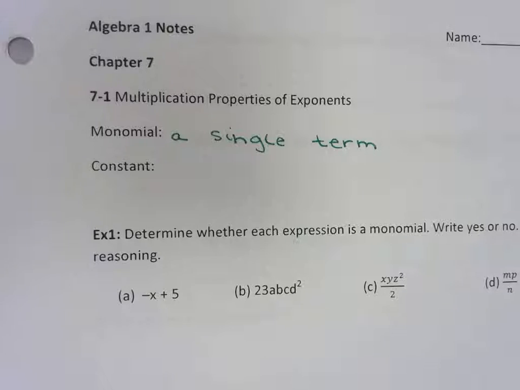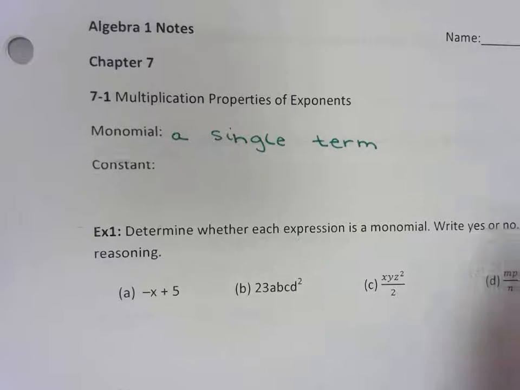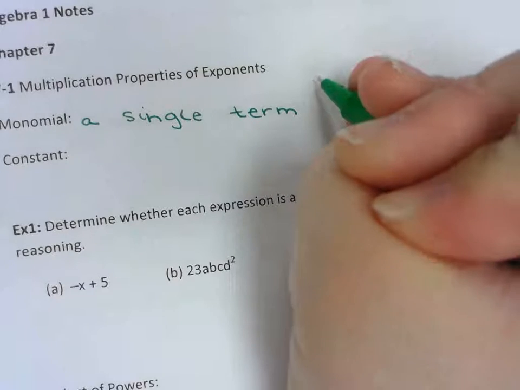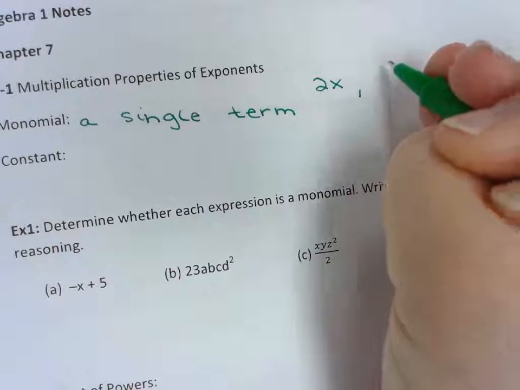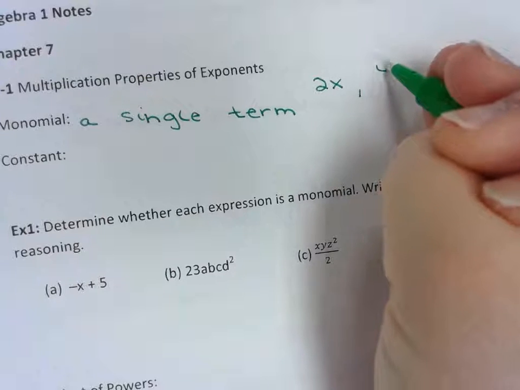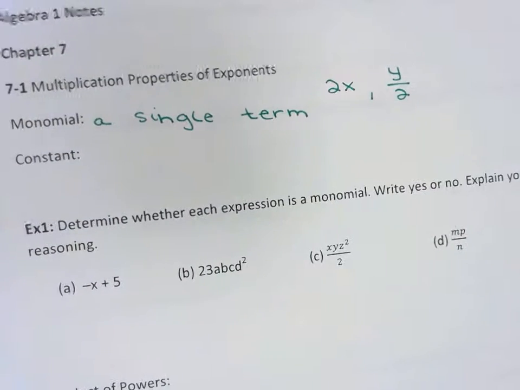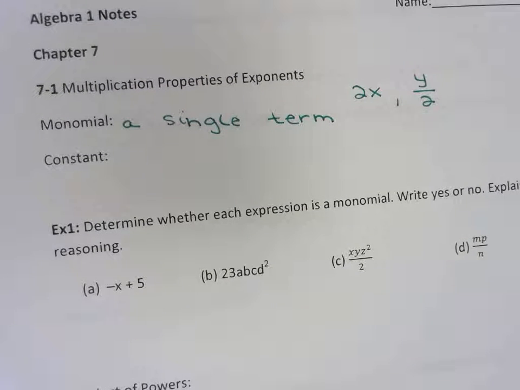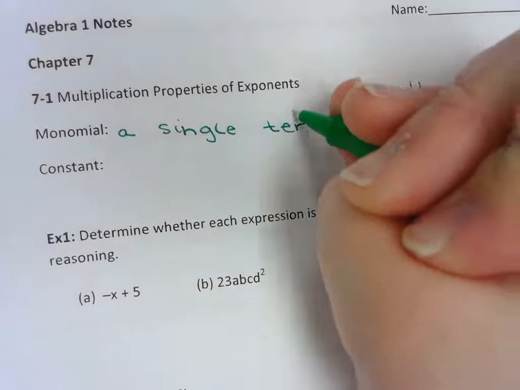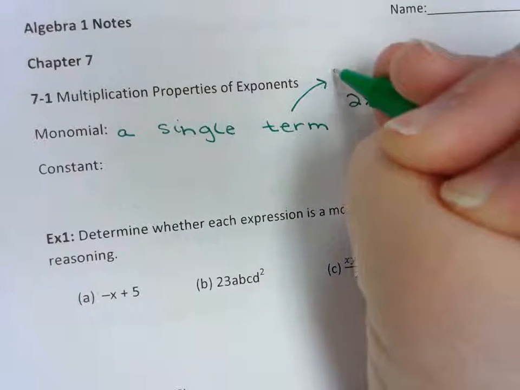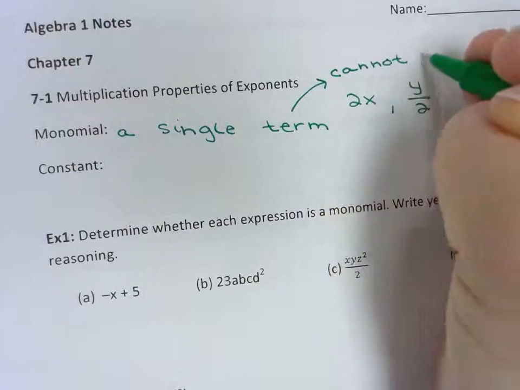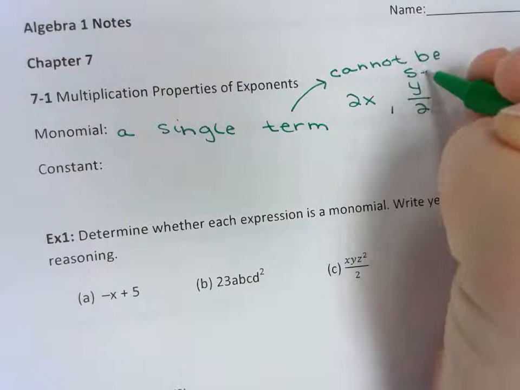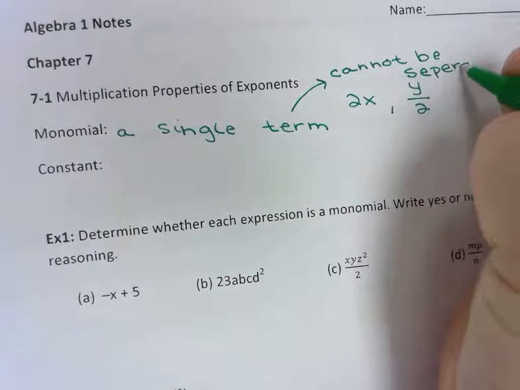What I mean by that, we kind of talked about the math definition, is here are some monomials: 2x, y divided by 2. A term cannot be separated by a plus or minus.